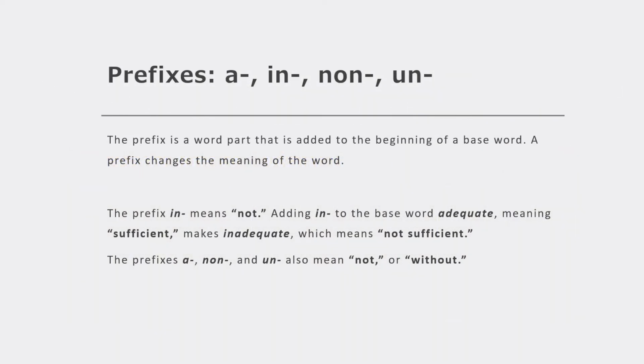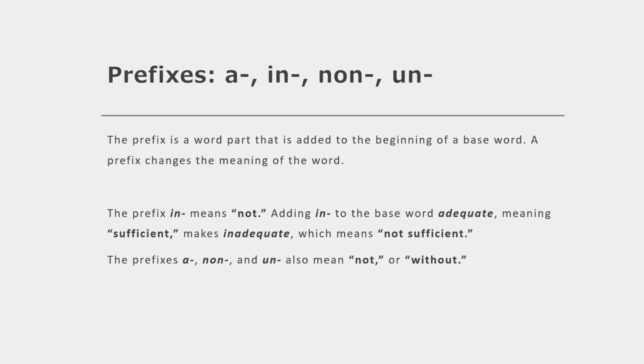All right, so the prefix, as usual you know it, is a word part that is added to the beginning of a base word. A prefix changes the meaning of the word. This is the function of a prefix. So the prefix "in" means not.